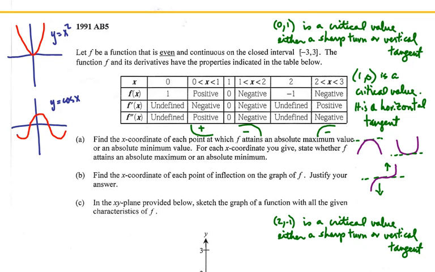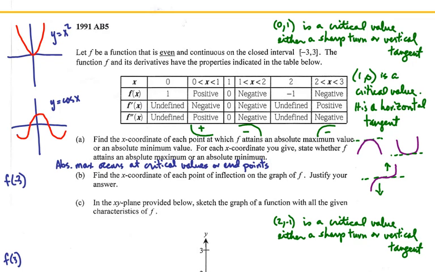And A asks us to find the x-coordinate of each point at which f attains an absolute maximum value. All right, so where do absolute maximum values occur? The absolute maximum values occur at critical values or endpoints. So the endpoints are going to be negative 3 and 3.